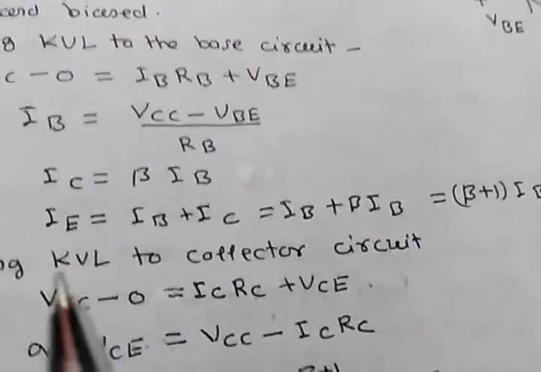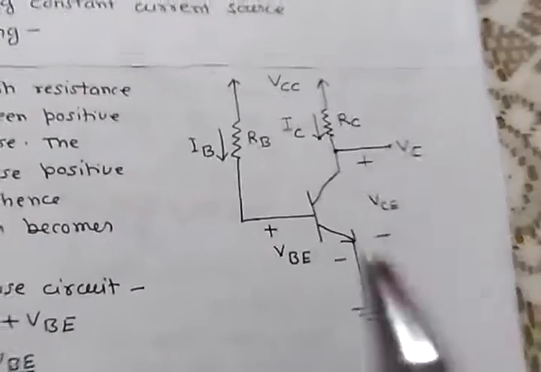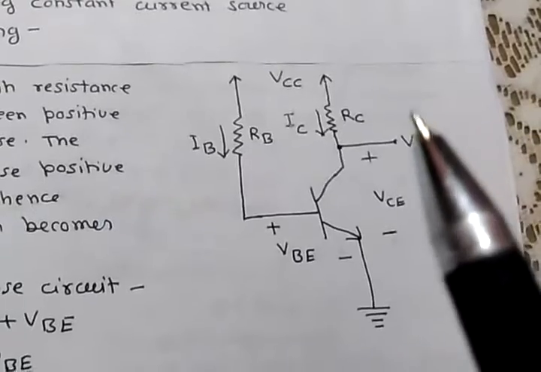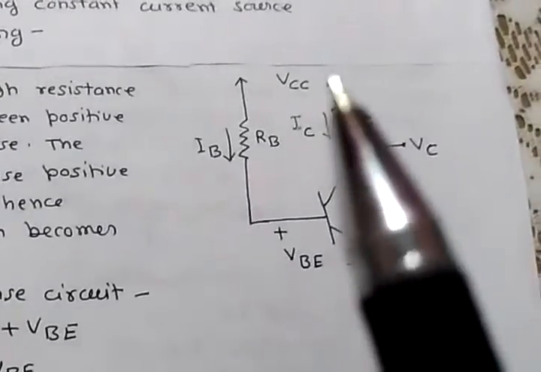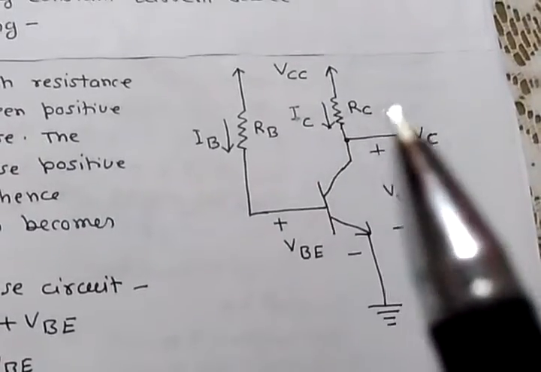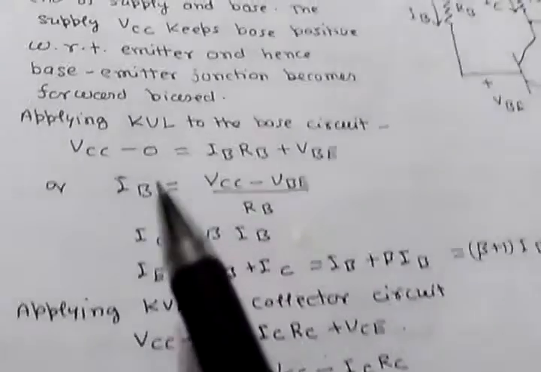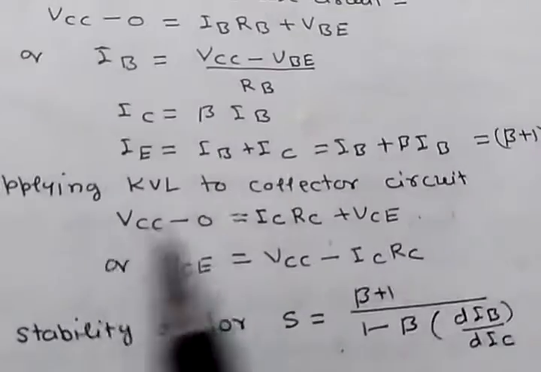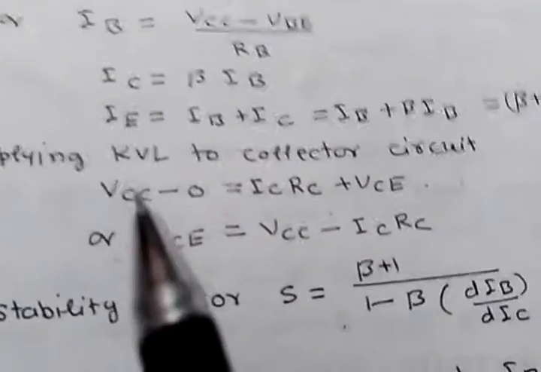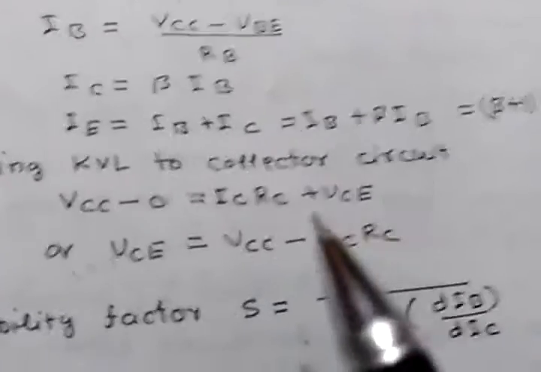To calculate voltage, we use the output circuit. Output circuit means collector circuit. For the collector circuit, we can write the KVL equation as VCC minus 0 equals IC into RC plus VCE.